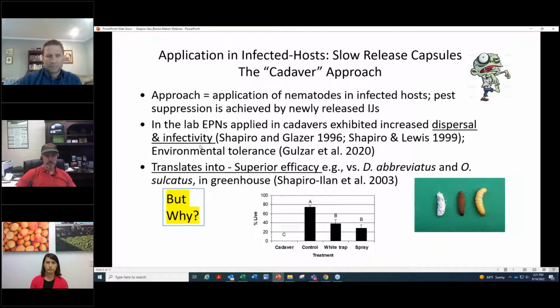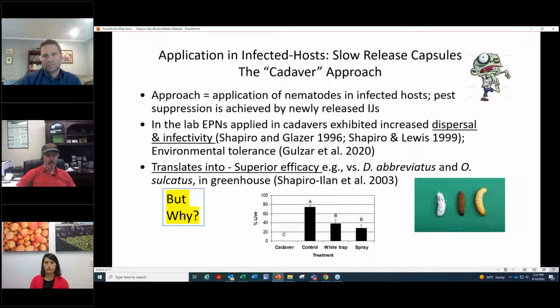They do better in terms of dispersal and infectivity, and more recently we found an environmental tolerance. And we saw that translates into higher efficacy if you apply the nematodes in the dead insects, the cadaver, instead of applying in aqueous, and that's what this graph shows.